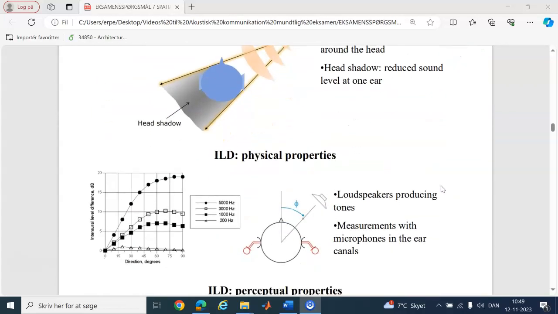At 5,000 hertz, a high frequency, there's an interaural level difference of almost 20 dB between the two ears when the direction is 90 degrees. For the lowest frequencies, there is almost no difference.